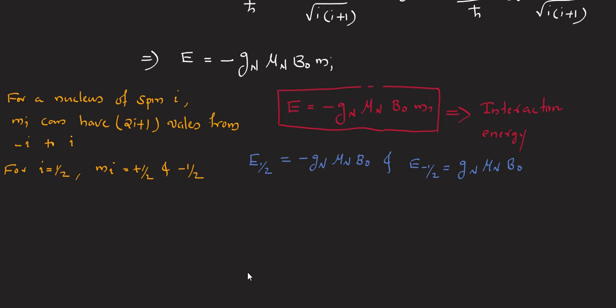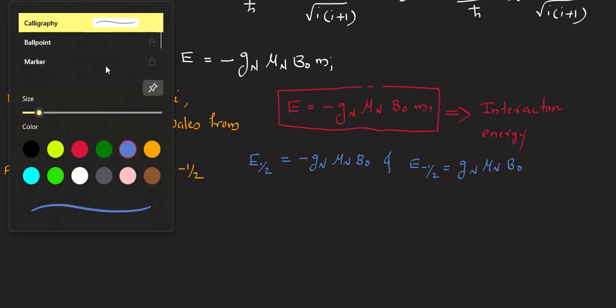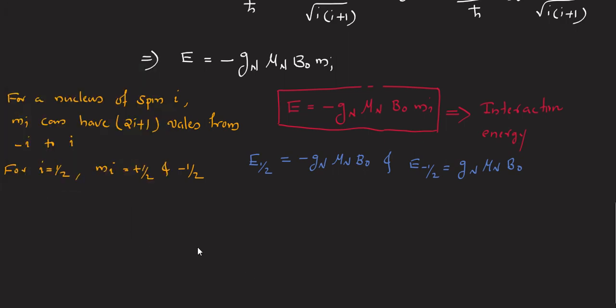Now, how can you draw this diagram? We can draw like this. This is in the absence of the field. When the field is applied, your level will split up into two. Now this corresponds to mi equal to minus half, and this corresponds to mi equal to half.